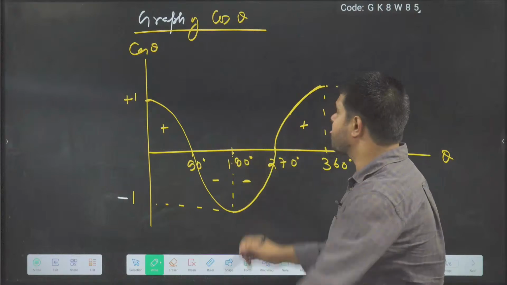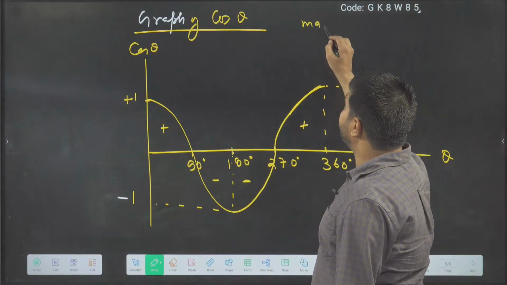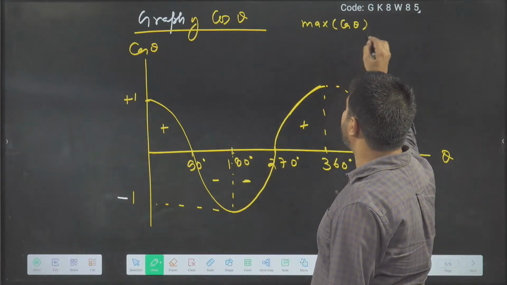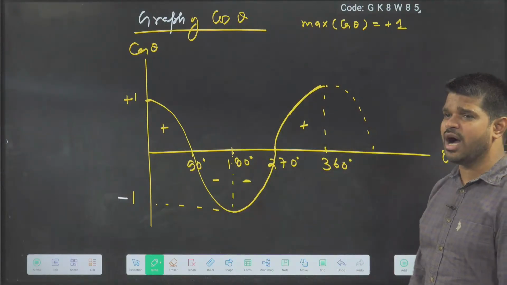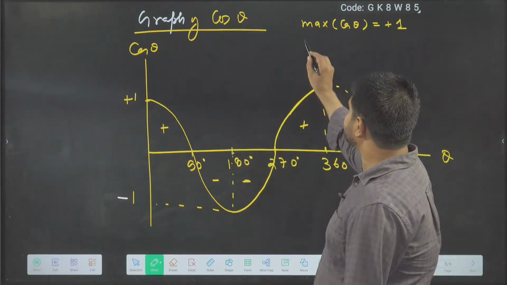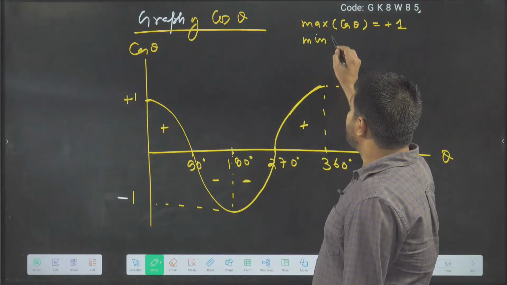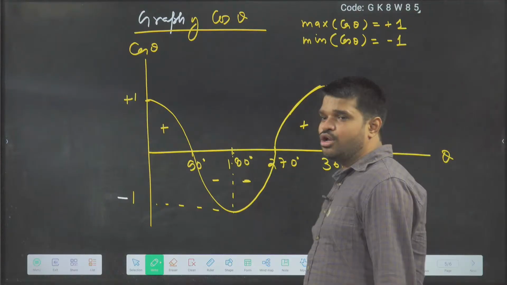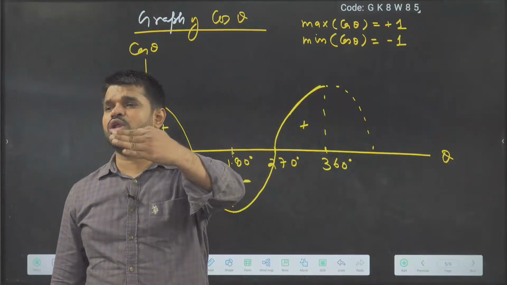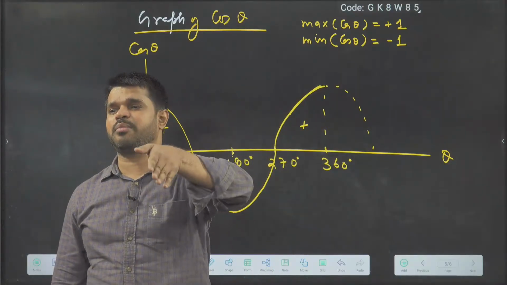Now same thing, maximum value of cos theta is also plus 1. What is the maximum value of cos theta? Plus 1. And minimum value of cos theta is minus 1. So cos theta also lies between plus 1 and minus 1.